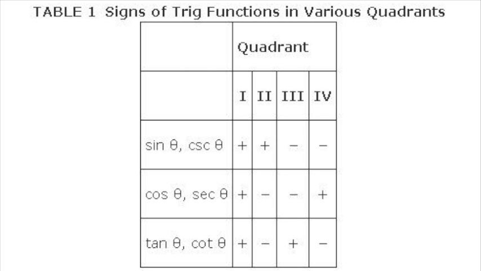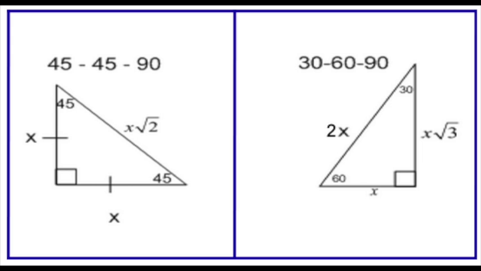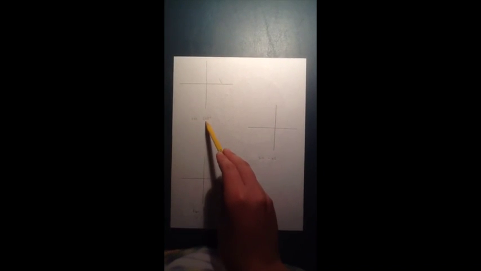The second way doesn't involve a unit circle, and we won't know whether the value is positive or negative. So it's important to reference this chart when you set your values up. We also need to remember our special right triangles. Since our value is at 210, we have to draw over here.